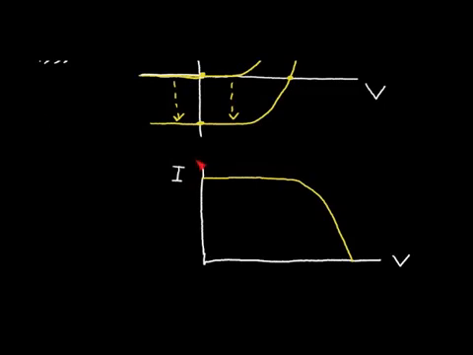So the key to the solar cell is that we want to extract power. We want this solar cell to do some useful work. And recall that power is equal to current times voltage.